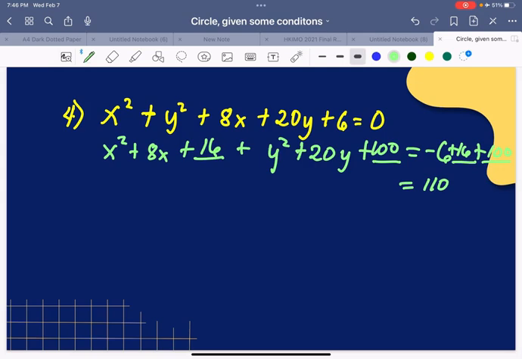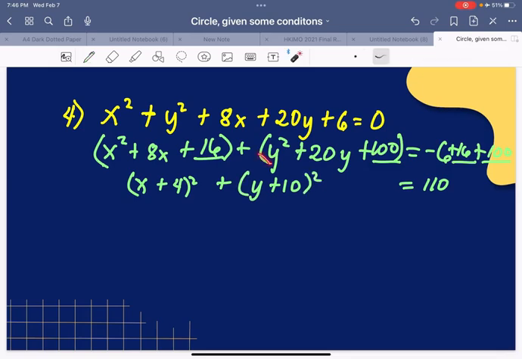And then, factor now this. This will become x plus 4 quantity squared. So, square root of x squared is x. Square root of 16 is 4. This is plus. Quantity squared plus, factor this. We have y plus 10 quantity squared.